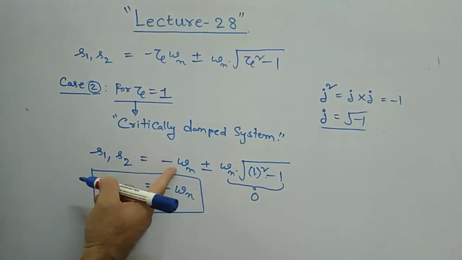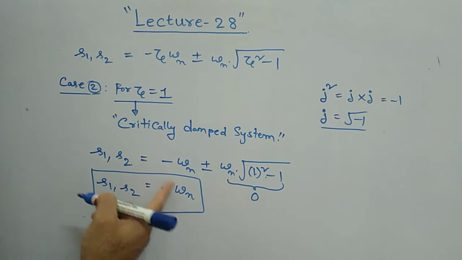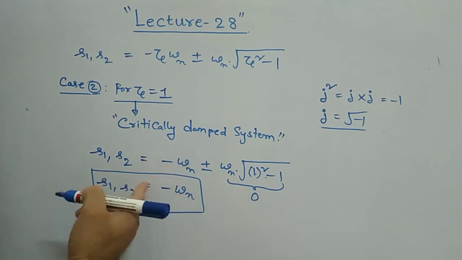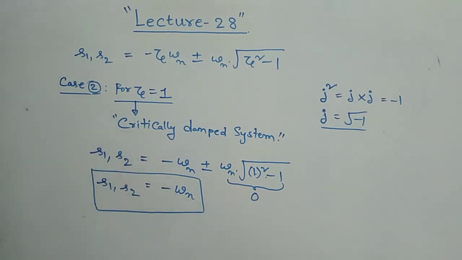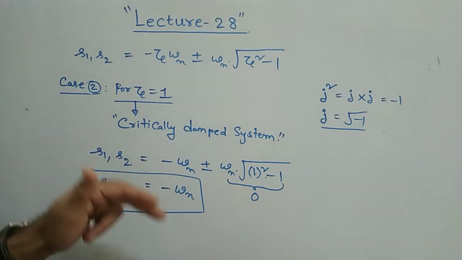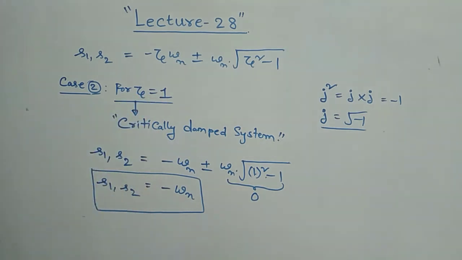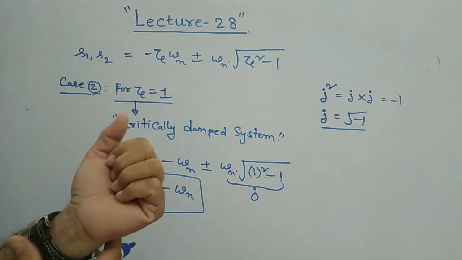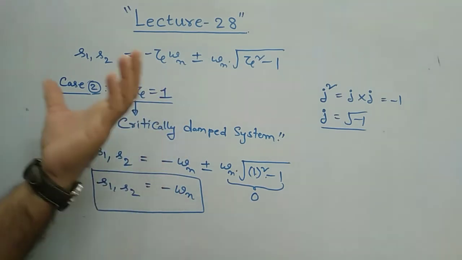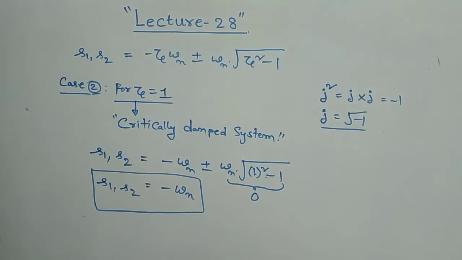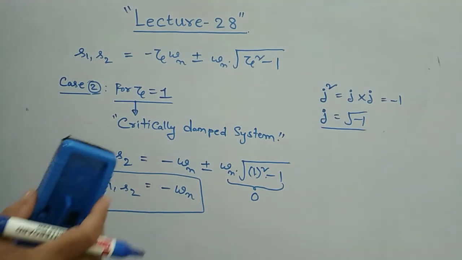S1 is minus omega n and S2 is also minus omega n. Both roots are equal, so the roots are real and equal for zeta equal to 1. Therefore, if the system is critically damped, then the roots will be real and equal. That is another important condition you should remember.